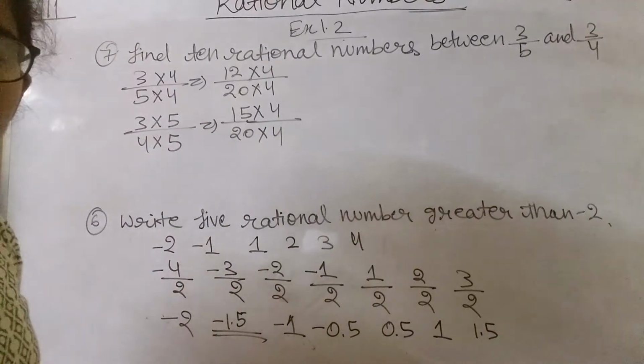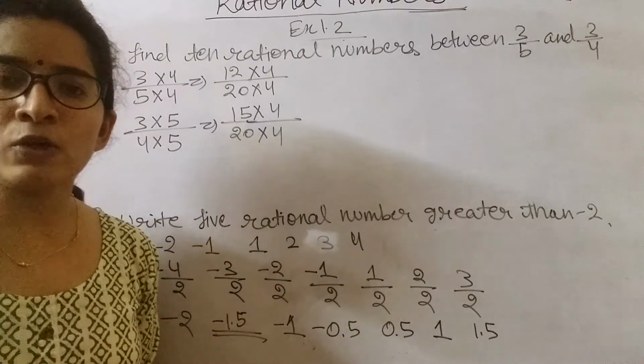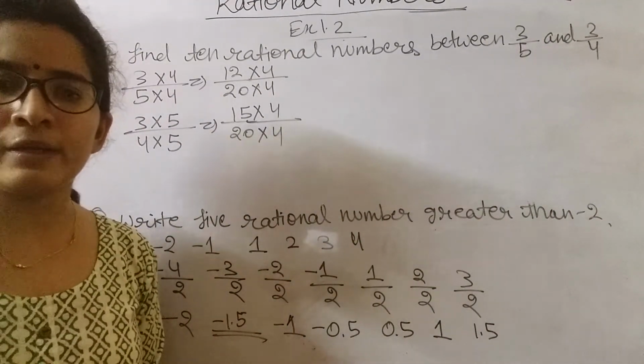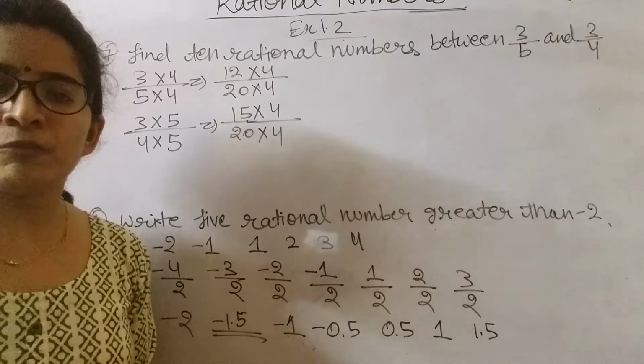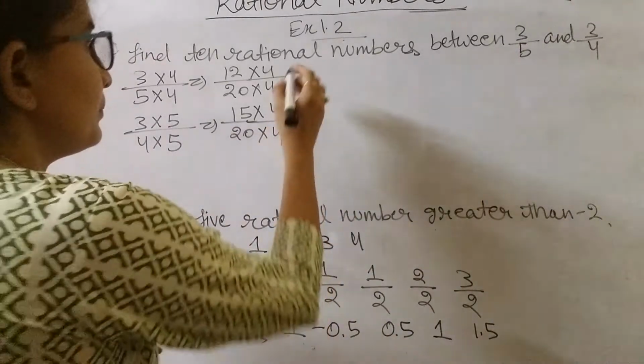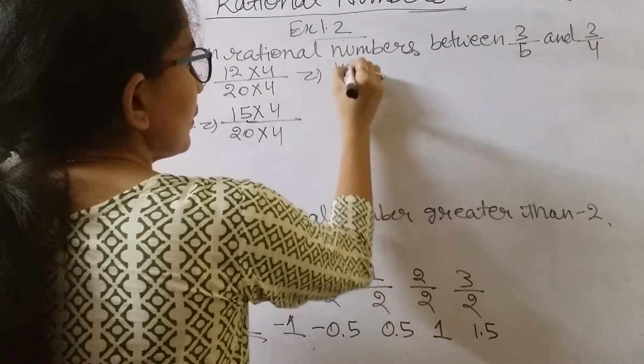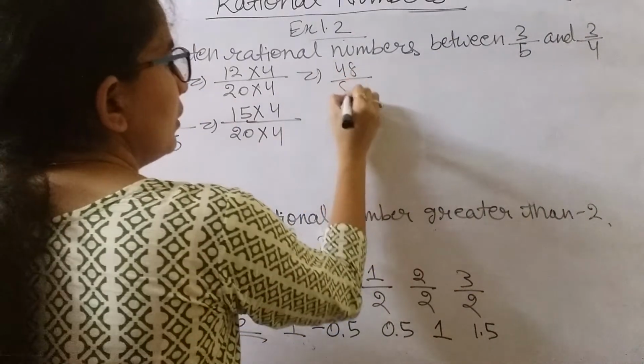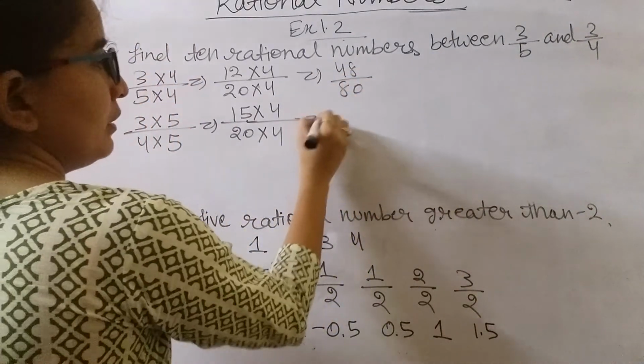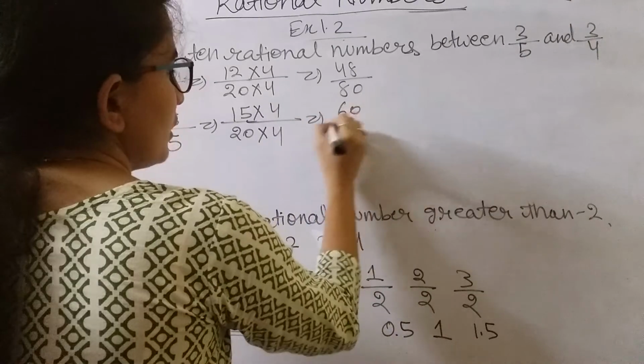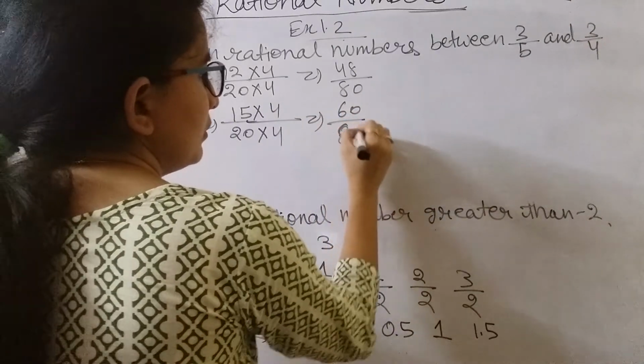As more numbers we need to find out, we will increase the denominator with more natural numbers. That will be 48 upon 80 and 60 upon 80.